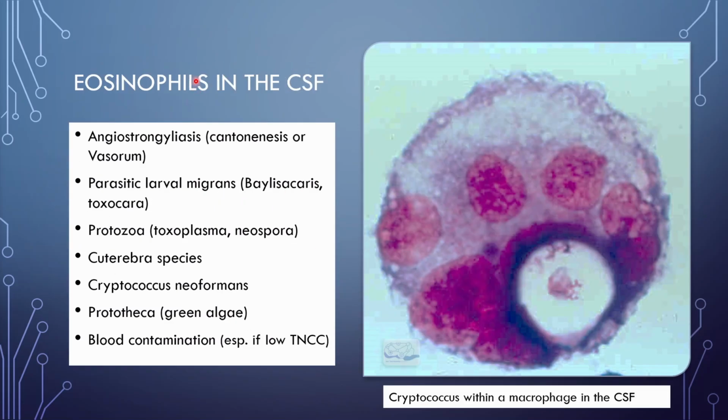So you may just find occasional eosinophils in the CSF with all of these infections: Angiostrongylus, parasitic larval migrans, protozoa, bots, yeasts, algae. And as I said before, you can occasionally see it with blood contamination, and that can be less easy to interpret if they have a low total nucleated cell count.